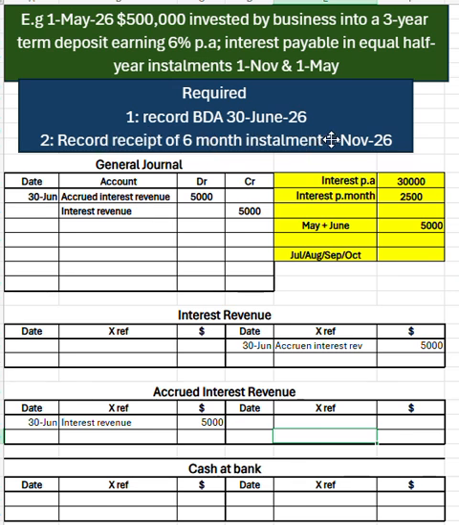Then on the 1st of November, we receive our first instalment of the 6 months owing. And what we need to do here is we need to record the general journal entry to process that information, and then we're going to post it to our GL. Now, there's a couple of different ways we can approach this.